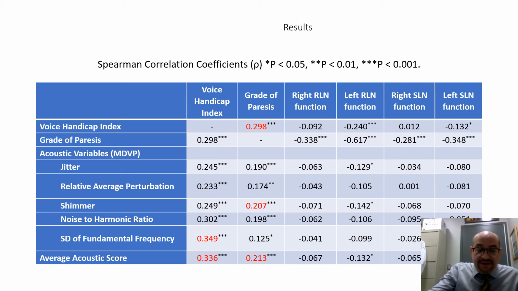We can see here that the highest correlation with voice handicap index occurred with the standard deviation of fundamental frequency, and the highest correlation with the grade of paresis was seen with shimmer. Voice handicap index demonstrated a weak but significant correlation with the grade of paresis.